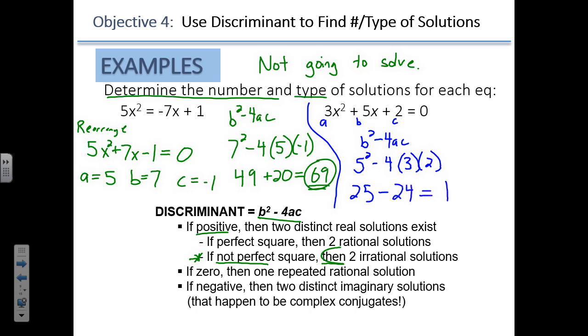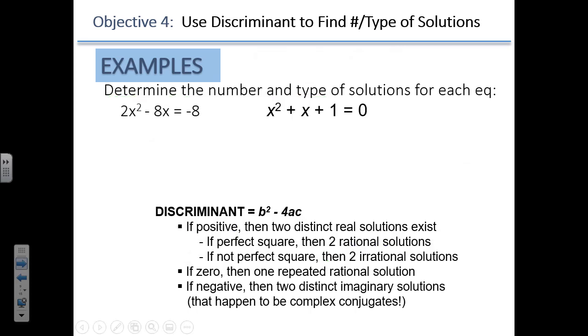Here our discriminant turns out to be 1. So again, we got a positive number, and this time it is a perfect square. That is 1 squared. Which means when we solved this one, we would get two rational solutions. Our answers would both be fractions.